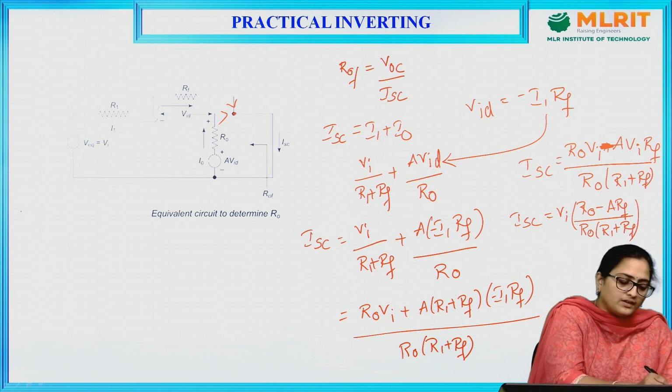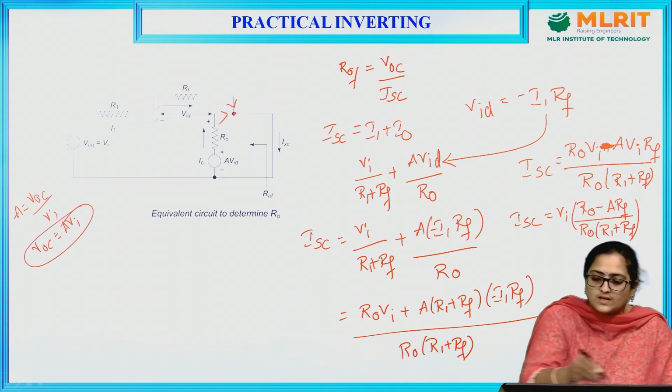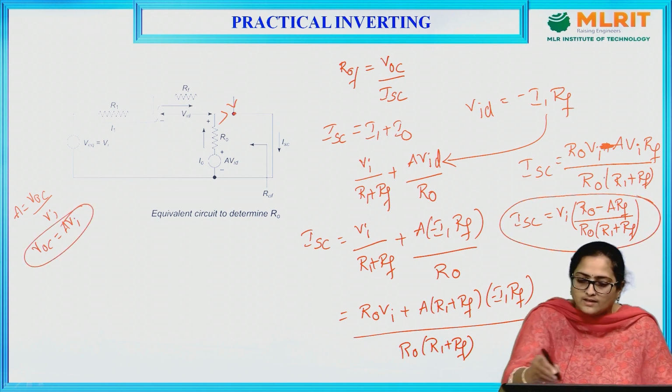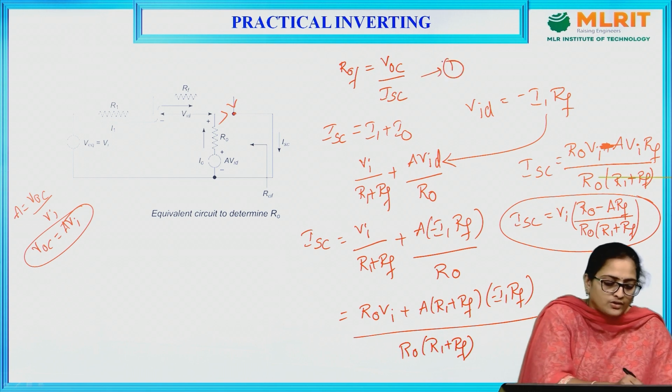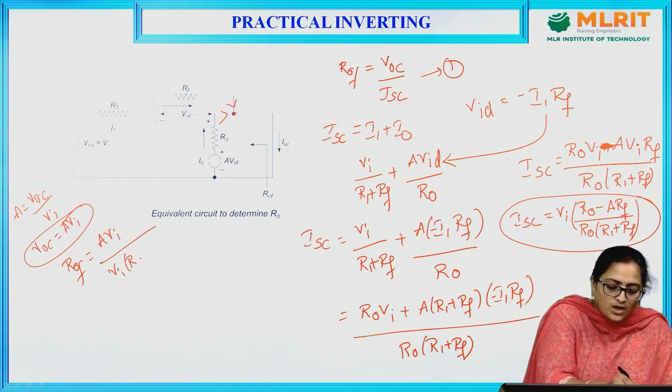And we know that gain is given as output voltage by input voltage. So VOC can be given as A into VI. So just substitute VOC and ISC in equation 1. You can write the output resistance ROF is equal to VOC, which is A into VI, divided by VI into R0 minus A into RF divided by R0 into R1 plus RF.